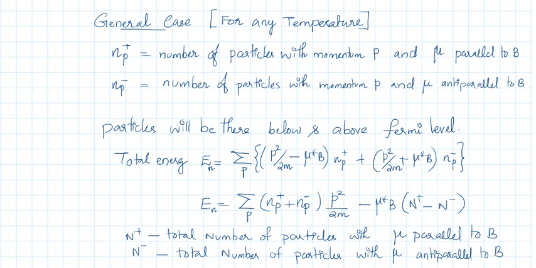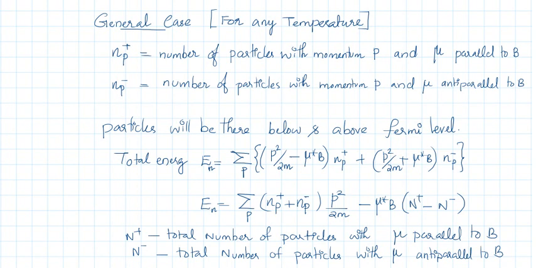So you can take the minus mu star B out from these two terms, and the remaining is sigma over p of Np plus. That is nothing but the total number of particles whose mu is parallel to B, and we can denote it as capital N plus. Capital N plus is the total number of particles with mu parallel to B. It can have any value of momentum.